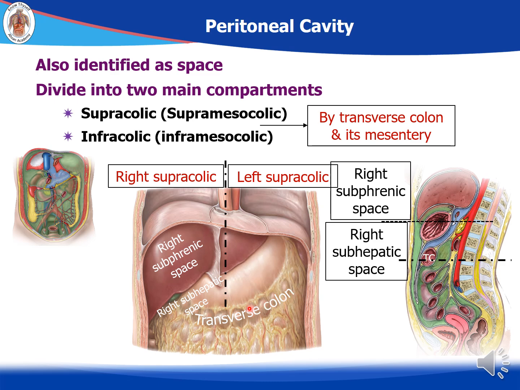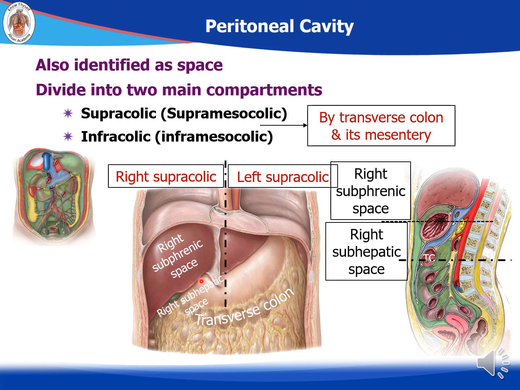The transverse colon and mesocolon divide the cavity into the supramesocolic or supracolic area. Now if you draw a midline, this is the right side and this one is the left. So right supracolic, left supracolic.